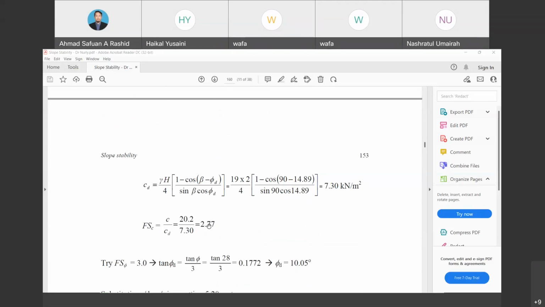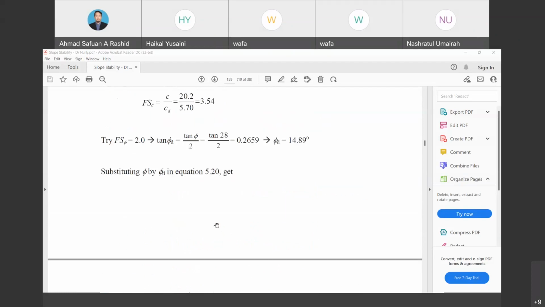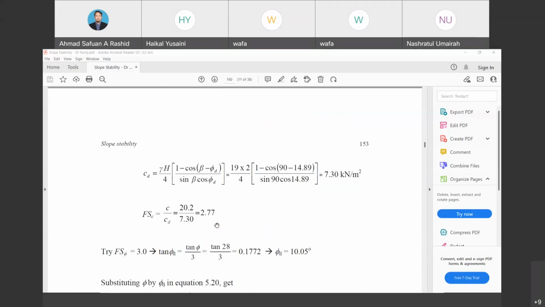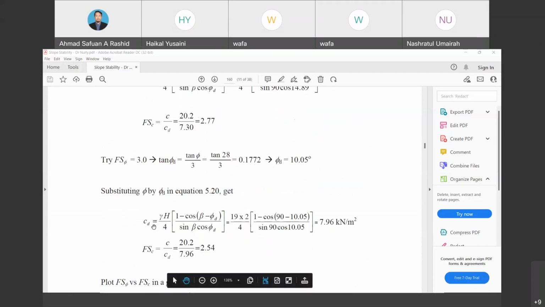Then the factor of safety of C is 2.77, and it is not the same as the factor of safety of phi, which is 2. For the last attempt, we put 3, then we obtain phi D as 10, and from the CD, we obtain 7.96.